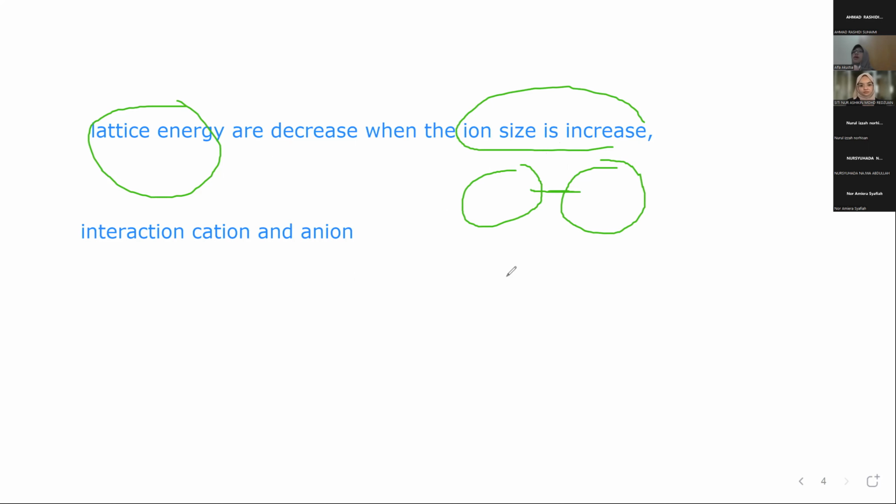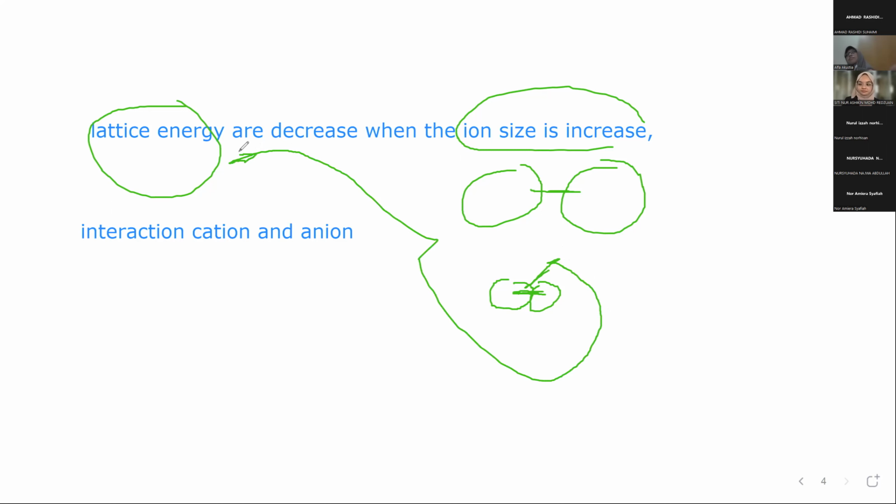If we compare the ion size, in a small ion size the cation-anion interaction is high. Because the interaction in the small size is high, of course the lattice energy is also increased.